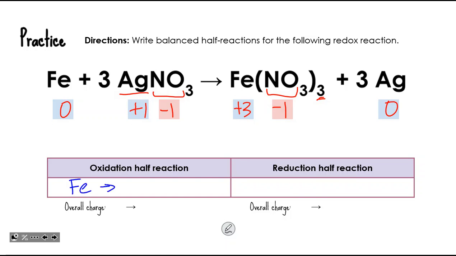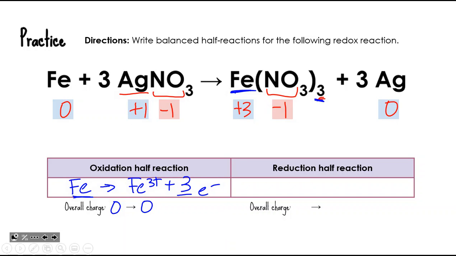It's going to go to the Fe, and it's in the compound, so we're going to write it as the oxidation state, like so. That means we need to add in a certain amount of electrons. So if this is 0 over here, because elemental iron, how many electrons do we add in to even out that +3? 3 electrons go here. Like so. So this is going to be 0 over here.